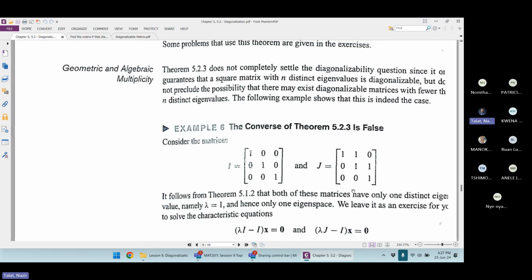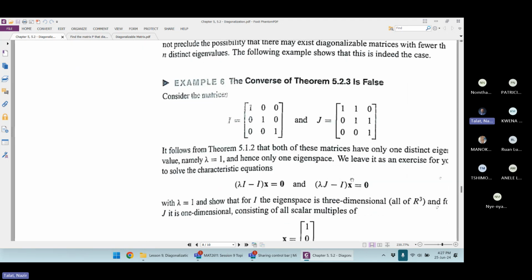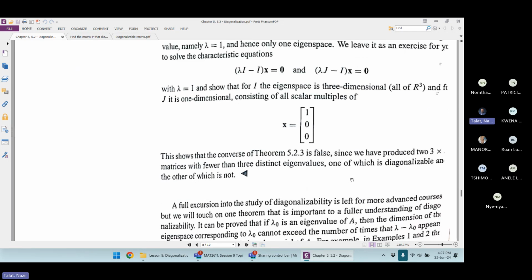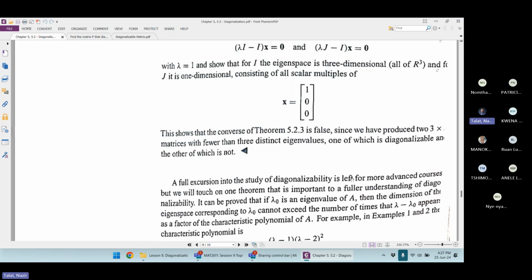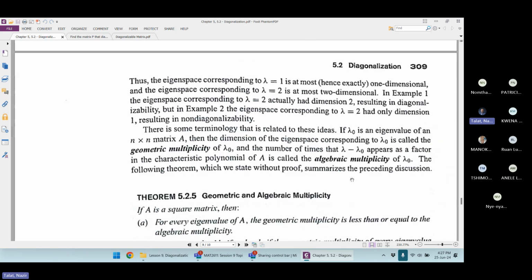But if matrix A is diagonalizable, it doesn't mean that the eigenvalues are distinct. In the first example, the eigenvalues are 1, 2, 2, but still the matrix A is diagonalizable. So it is based not on the eigenvalues, but on the eigenvectors. The eigenvectors must be independent, because then we can find its diagonalization.